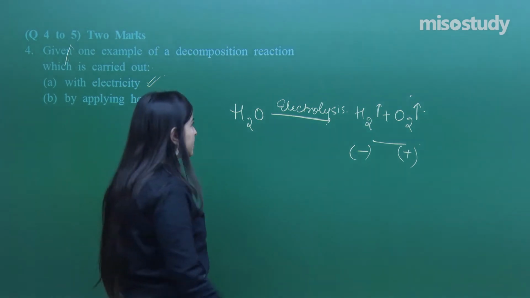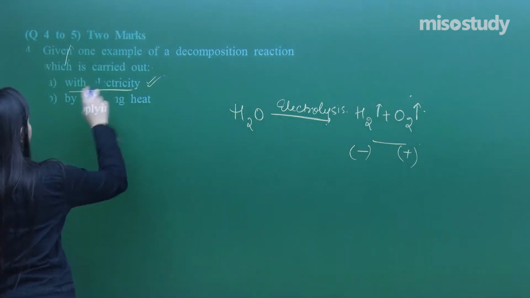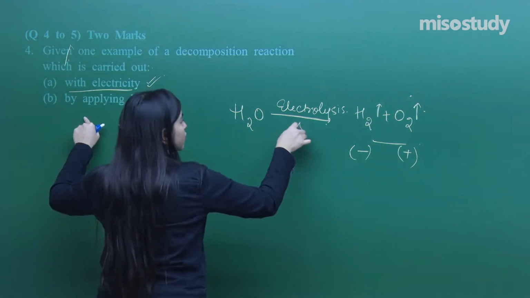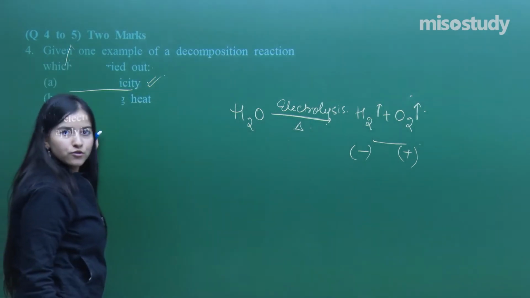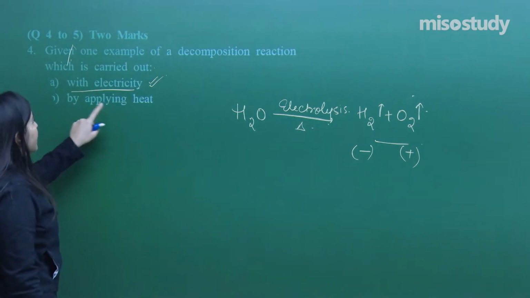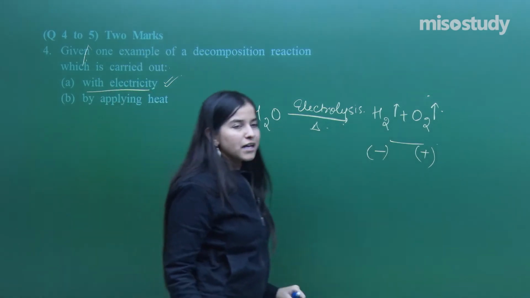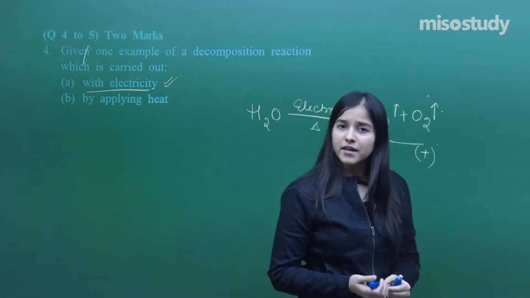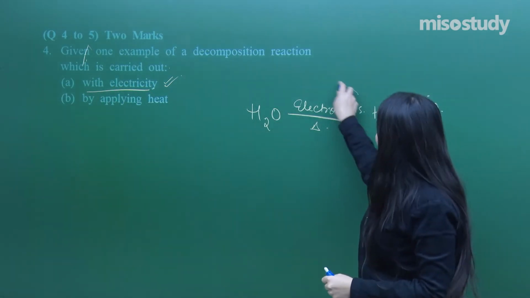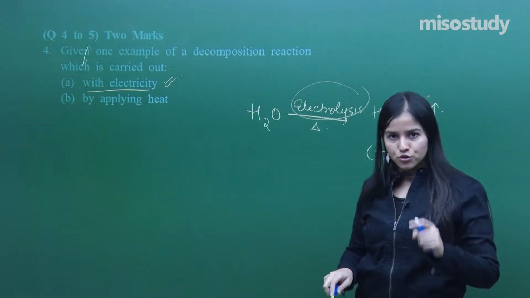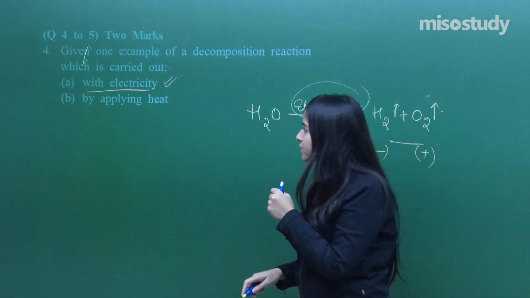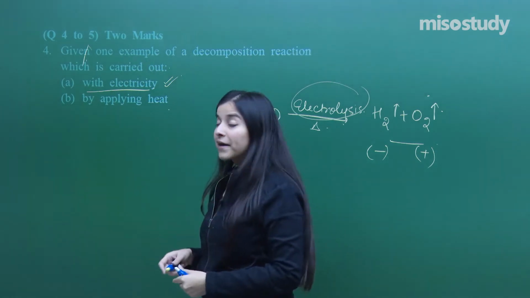Okay, got it? So that is the very first reaction with electricity I have done. In fact, not just electricity, a little amount of heat is also there. By applying heat, this particular reaction can be considered, but more of it is passing electricity. So I included only one example of electricity, another to be on applying heat.